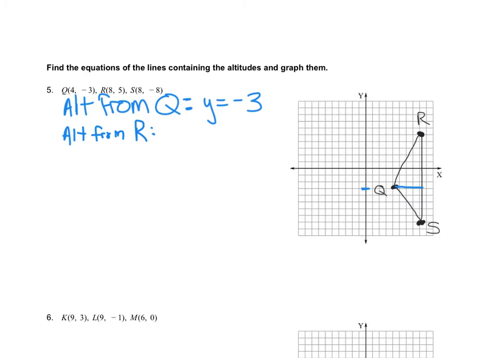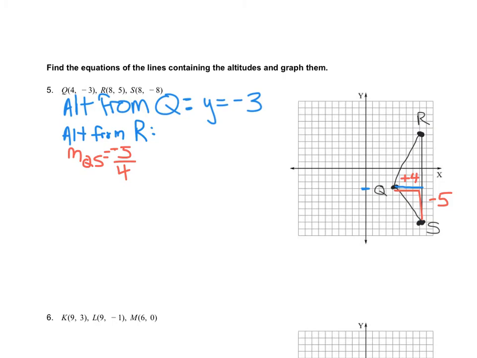I'm going to do this in red to go from Q to S. Hopefully you guys can see we have a run of +4 and a rise of -5. And so the slope of QS is -5 over 4.